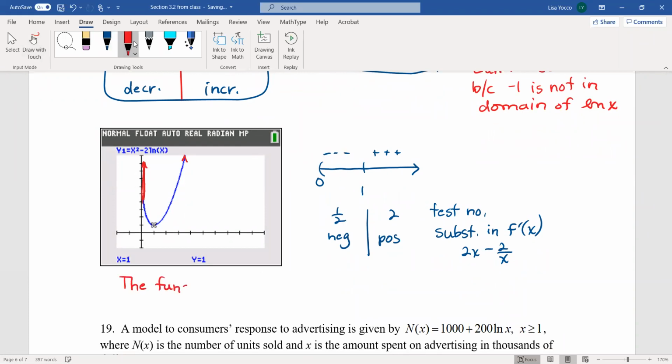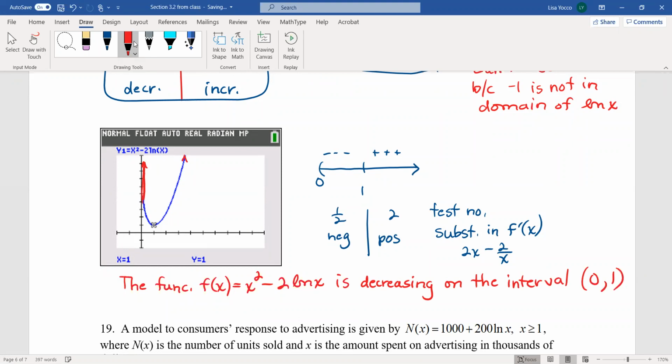The function x squared minus 2 ln of x is decreasing on the interval 0 to 1, which also looks like an ordered pair. That's why I wrote the interval. And it's increasing on the other interval, which is 1 to infinity.